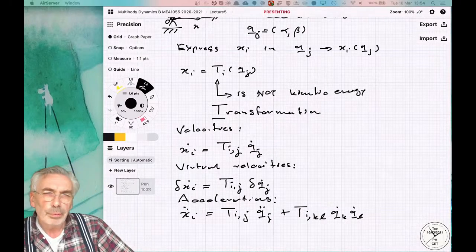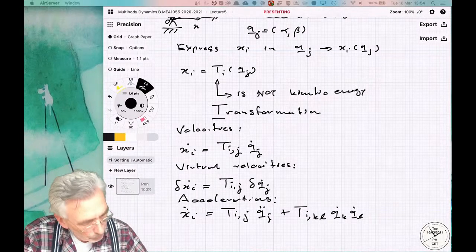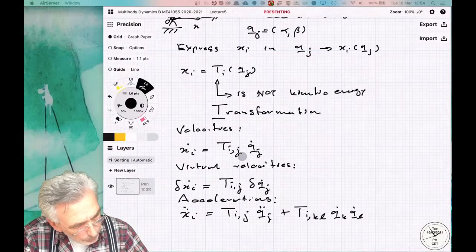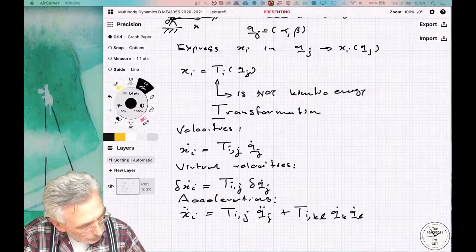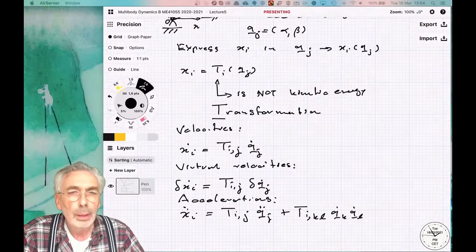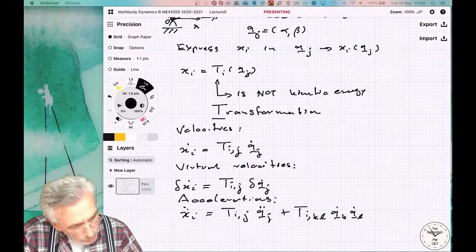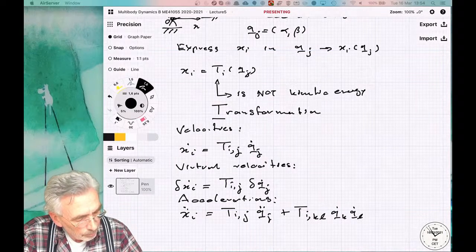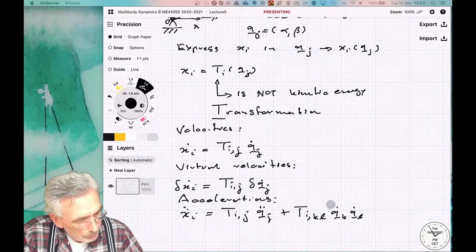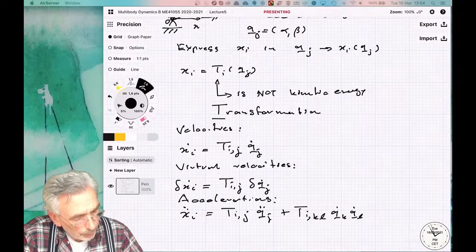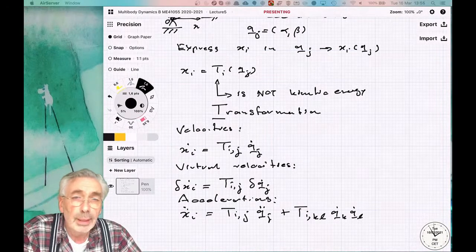Now for the real buffs in index notation, you will be surprised that here we had an index j and it's j again, but here we suddenly have k and l. What is happening? Well, I do that for clarity. It's not really necessary, but it ties these two together and it ties these two together. And we call this index, by the way, a dead index.